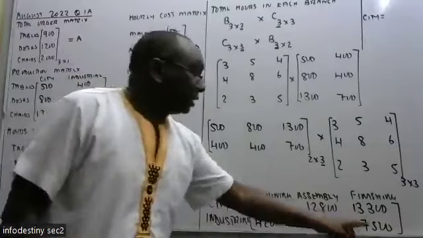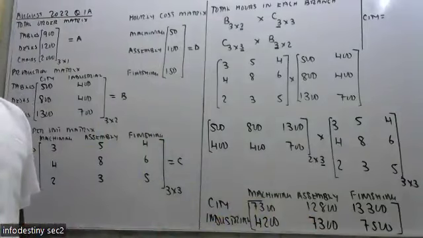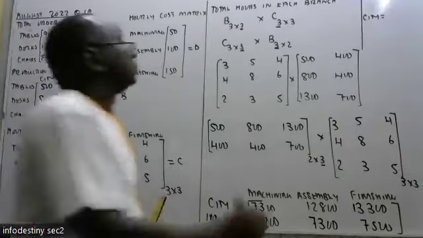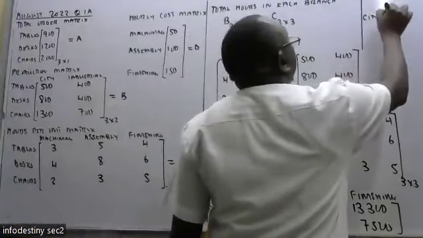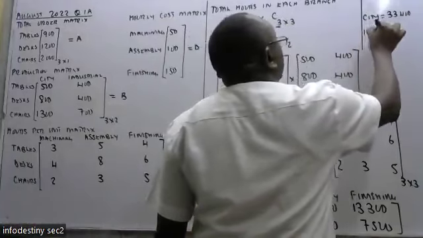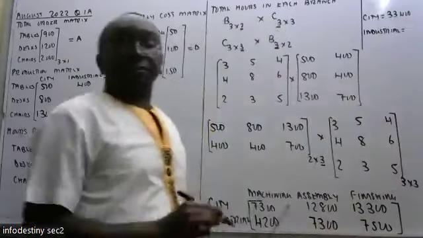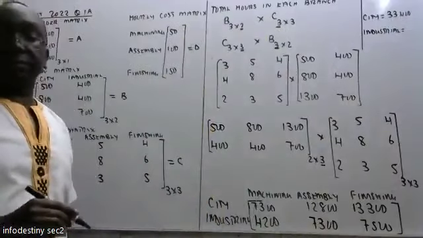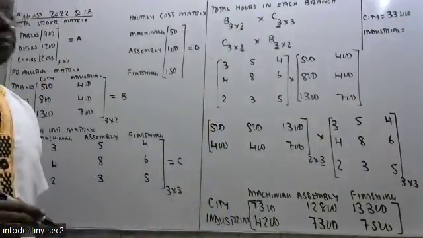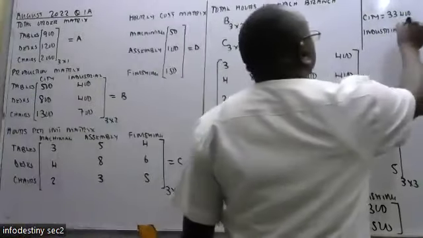This plus this plus this. That 3,400. And industrial, if you do the same, $19,000.